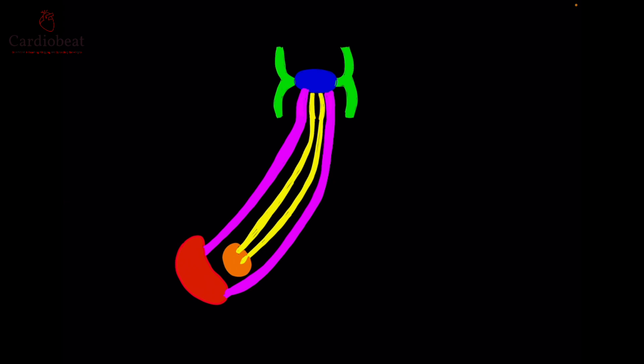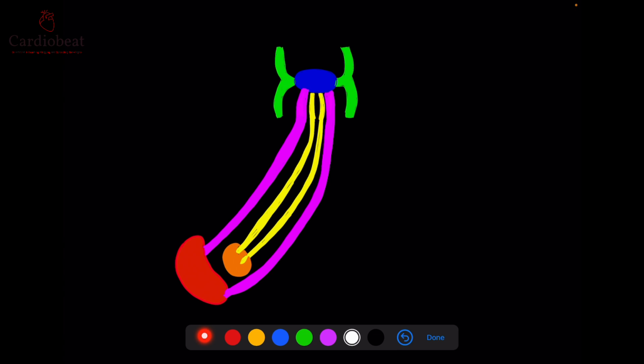Since the topic is about the visceral veins, we are not dealing with the cardinal system, which is in green color. So you could see the pink one is draining a red structure here. The pink one is the umbilical vein and the red structure is the placenta.